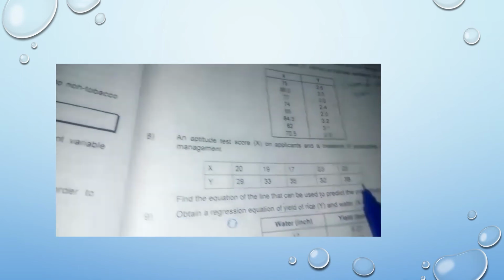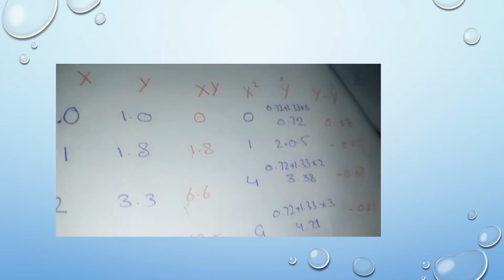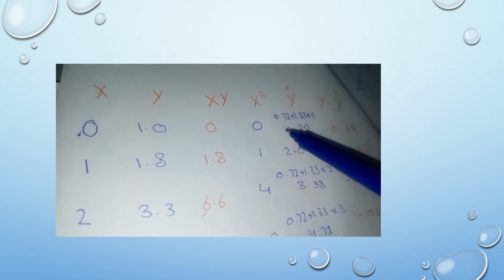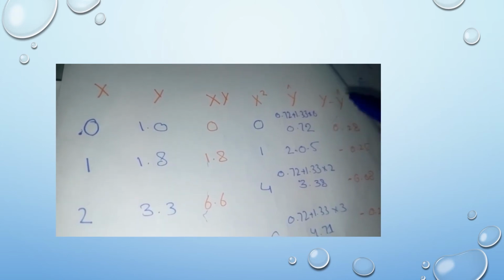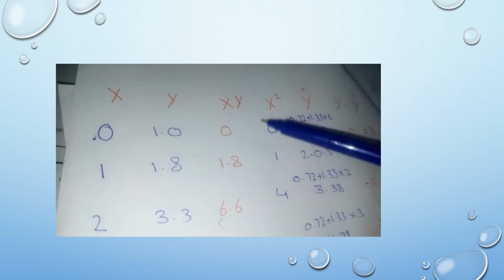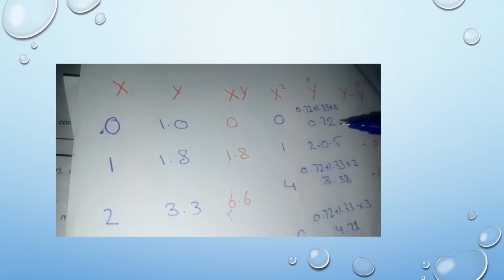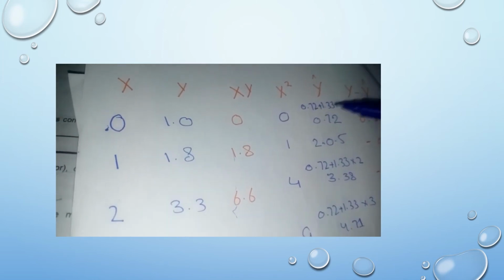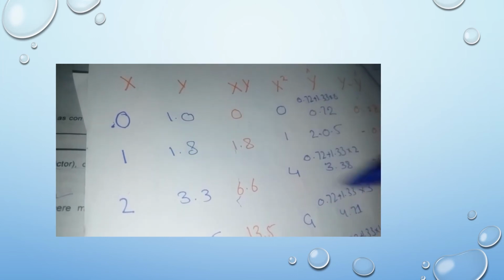So we do the next step: if the value of x is not given, we find out the y hat, so we simply put the values according to the formula for each value, for a plus b and the value of x.